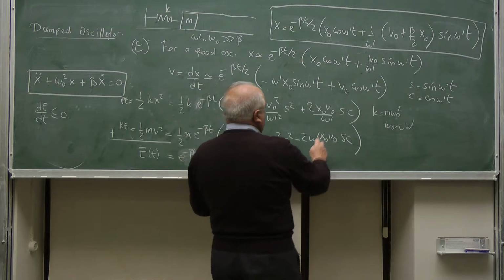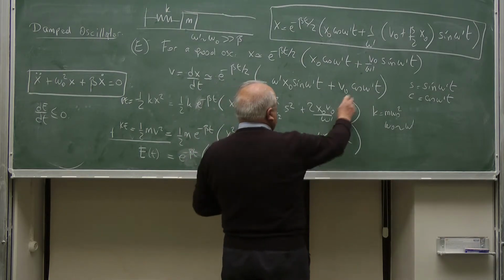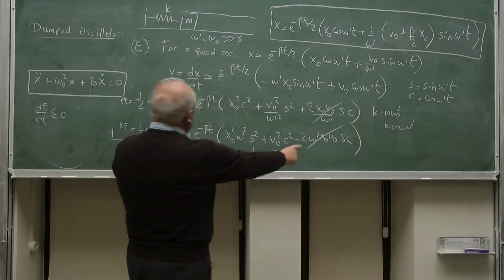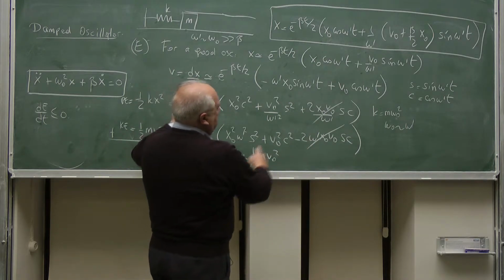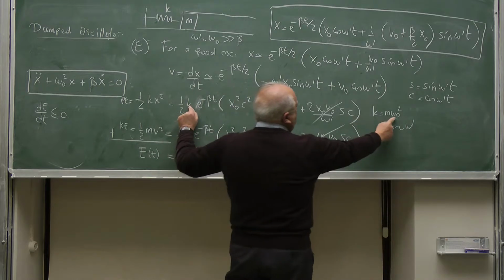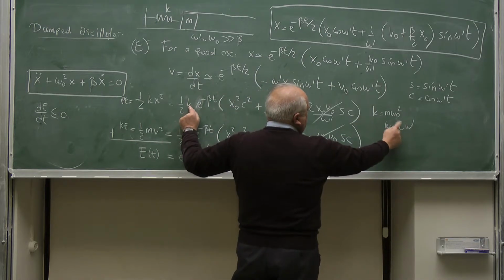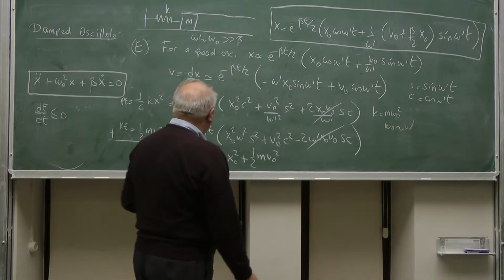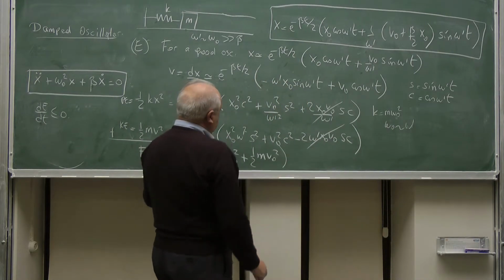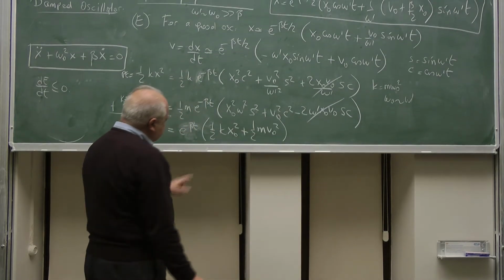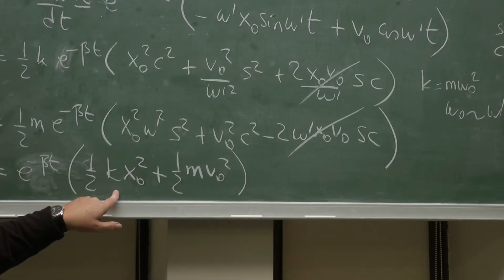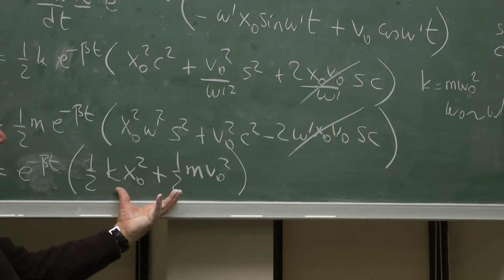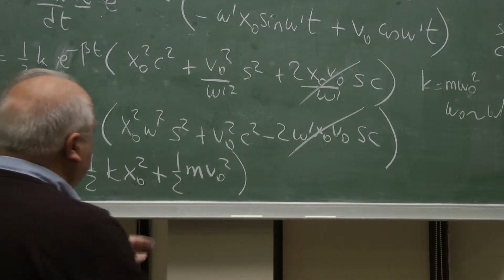So these terms are canceling, when this is multiplied by m and when this is multiplied by k, which is m omega 0 squared, and we don't at this moment differentiate between omega 0 and omega prime. Finished. But it's a beautiful result. This is the initial potential energy. This is the initial kinetic energy. So this is the total initial energy.